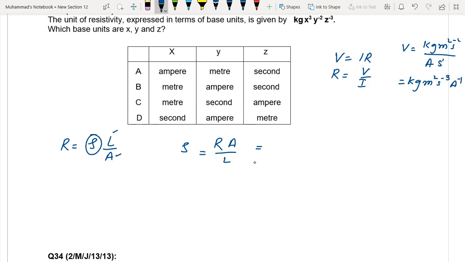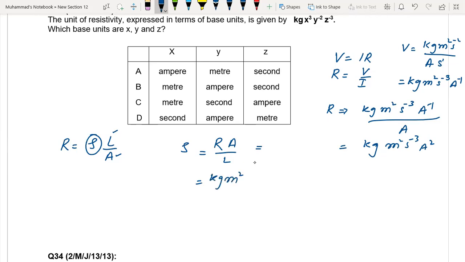This is the unit of volt, potential difference, and potential difference over current will be the unit of resistance, that is kg m^2 s^-3 A^-1 over ampere, which is kg m^2 s^-3 A^-2. This is the unit of resistance.